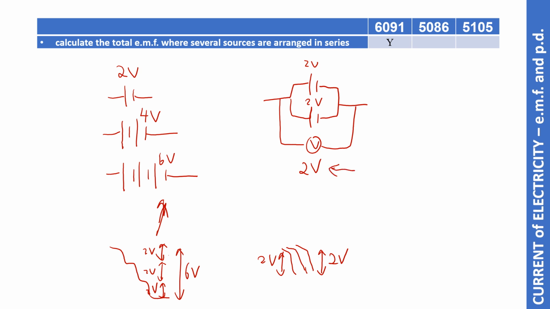Let's imagine that it's 2 volts, of course it's much more than that, but it will be constantly 2 volts, but it will last longer. So when you have two branches in parallel, it will last twice as long as if you had only one branch. So this is one use of placing cells in parallel.